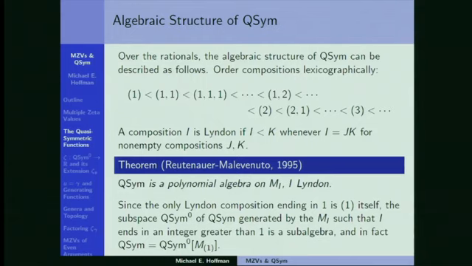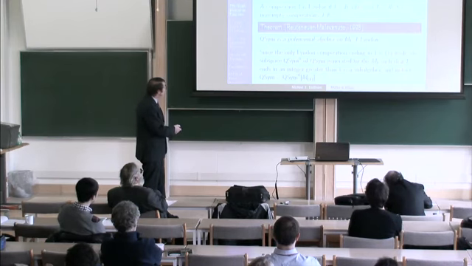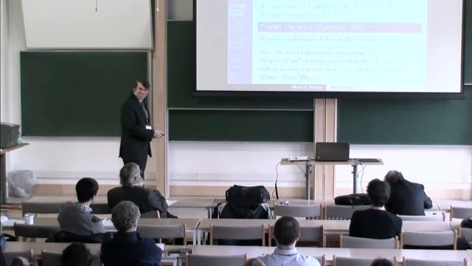If you call QSym sup 0 the one generated by all the other m sub I, I Lyndon, you can express this as a polynomial algebra over this one generator. And that's of importance because when we talk about the map to the quasi-symmetric functions, this is the one that doesn't converge, basically.